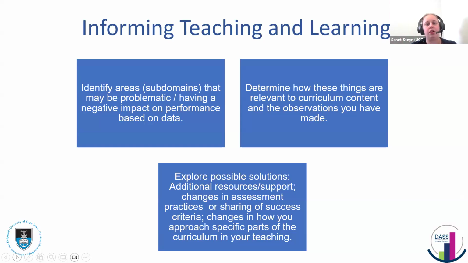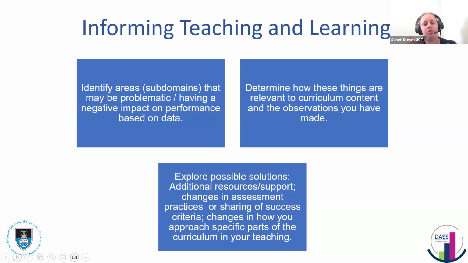But then we also need to try and understand how this is relevant to our course curriculum. So we want to put the stats into conversation with the actual teaching and learning.